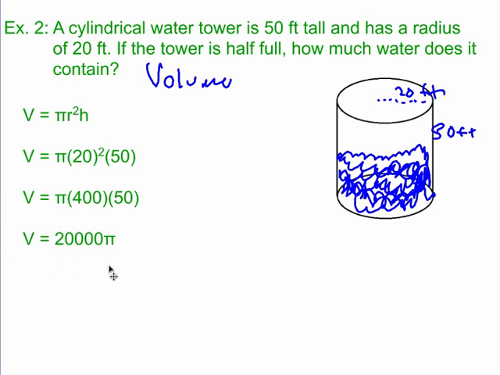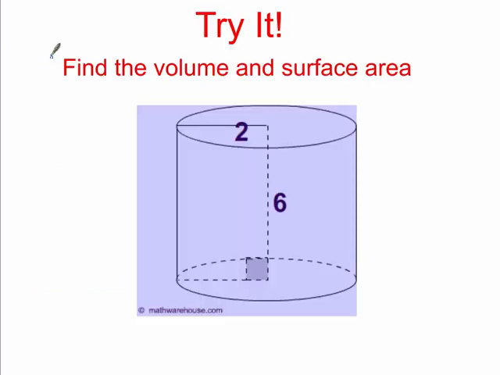That's the volume of the shape. Now I need to divide that by 2 to figure out what half of it is, and so I get an answer of 10,000 pi feet cubed. All I did is find the volume of my cylinder and then multiply it by half. Now that you've seen how to do this, your try-it problem is to find the volume and surface area of the cylinder shown here.